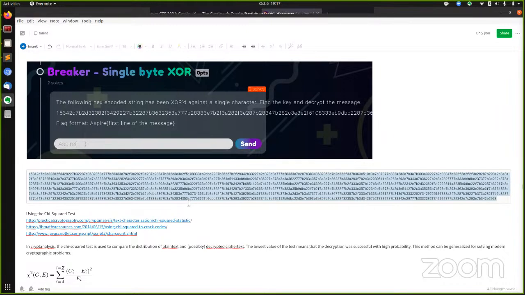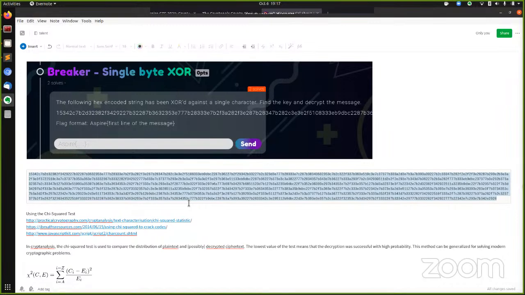When you XOR one character with another, let's say in our case we are using one single byte, the new XORed character will provide the ciphertext.